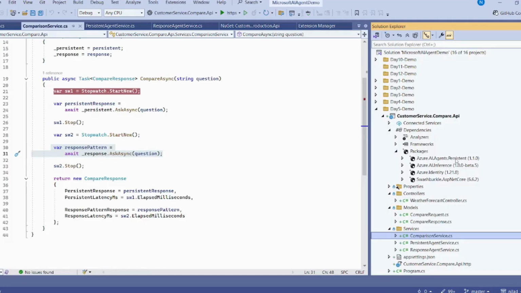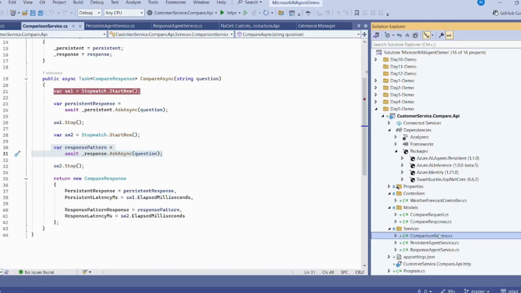But if you are using the persistent pattern without thread, it may forget and start working like a stateless one. And this is for authentication purposes, Azure Identity, without which it cannot connect to the Azure Cloud Foundry because we are using the hosted agents.